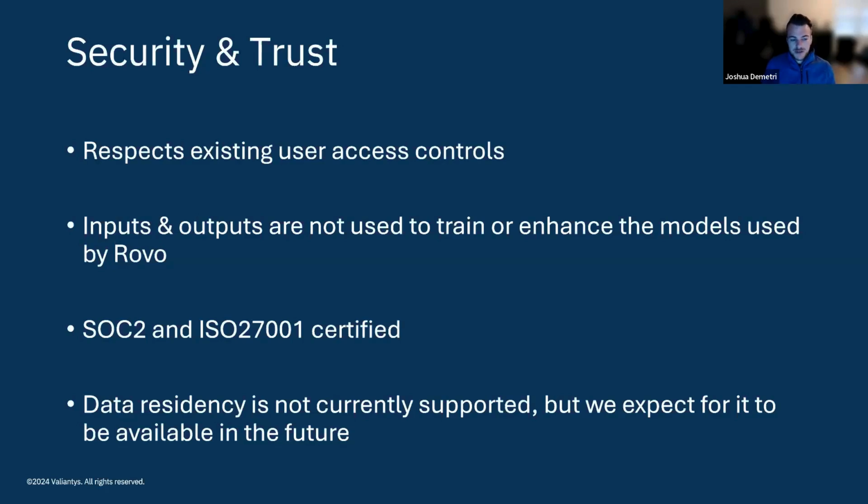The other thing to talk about here is that inputs and outputs are not used to train or enhance the models. So that essentially is just calling out the fact that your data isn't being used to train other people's organizational tools, right? So if we look at what Rovo is doing behind the scenes from a technical perspective, it's actually a combination of some internal models that are being used by Atlassian, along with OpenAI models that they have a contract with OpenAI to use.